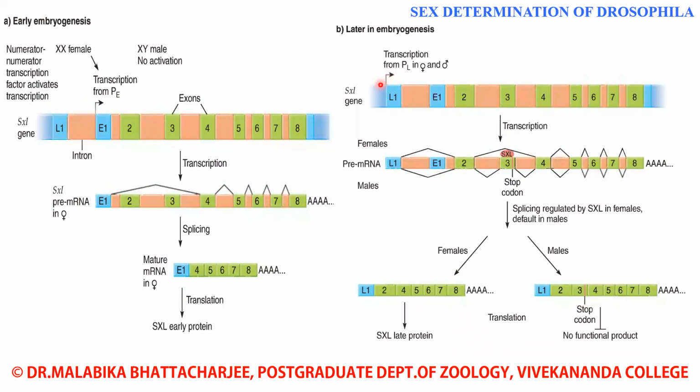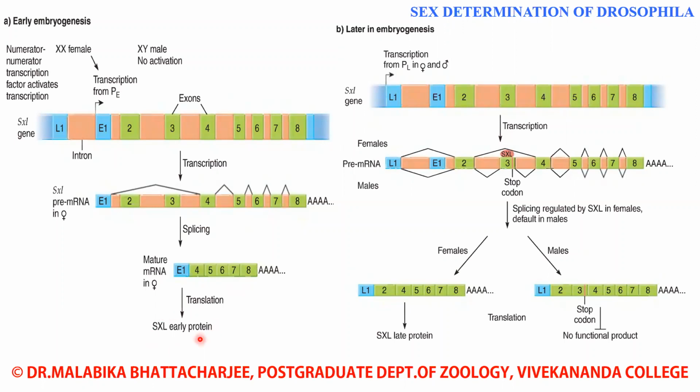Now, the pre-mRNA that is transcribed from this early promoter has 8 exons, as you can see. Exons 2 and 3 are skipped to produce the mature mRNA consisting of exons E1, 4, 5, 6, 7 and 8. Translation of this product gives us the SXL early protein.